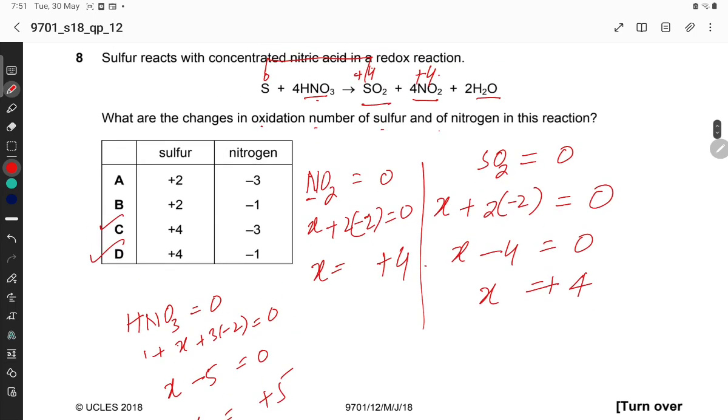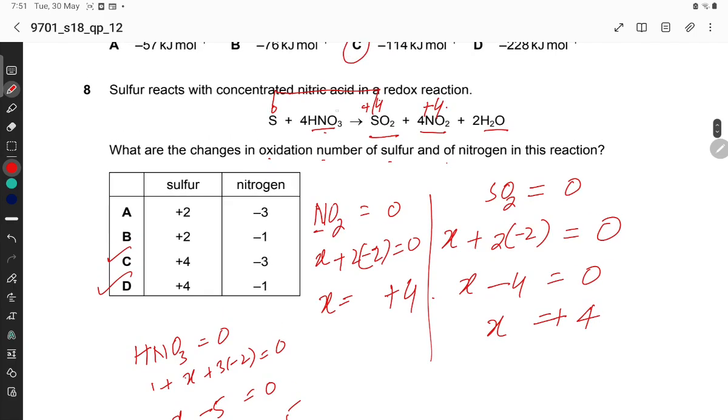So it goes from +5 to +4. The change in oxidation state is negative 1. So the answer is therefore minus 1. This is the correct option, and the other is incorrect.